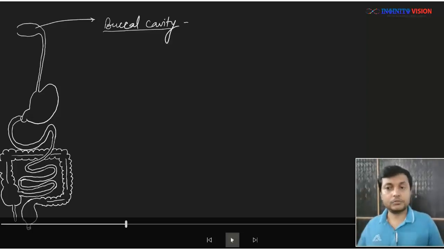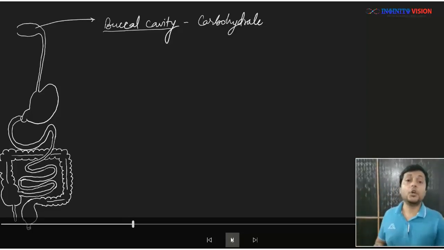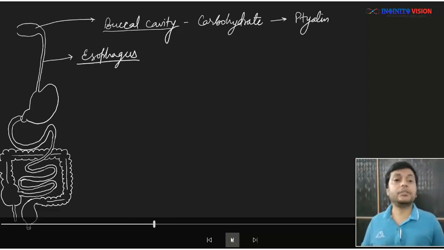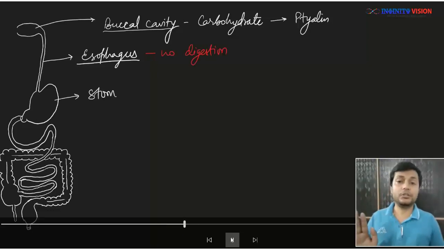Do remember, inside the buccal cavity only carbohydrates are partially digested with the help of ptyalin enzyme, which is also known as salivary amylase. Now the food from the buccal cavity goes into the esophagus, and in the esophagus no digestion takes place.